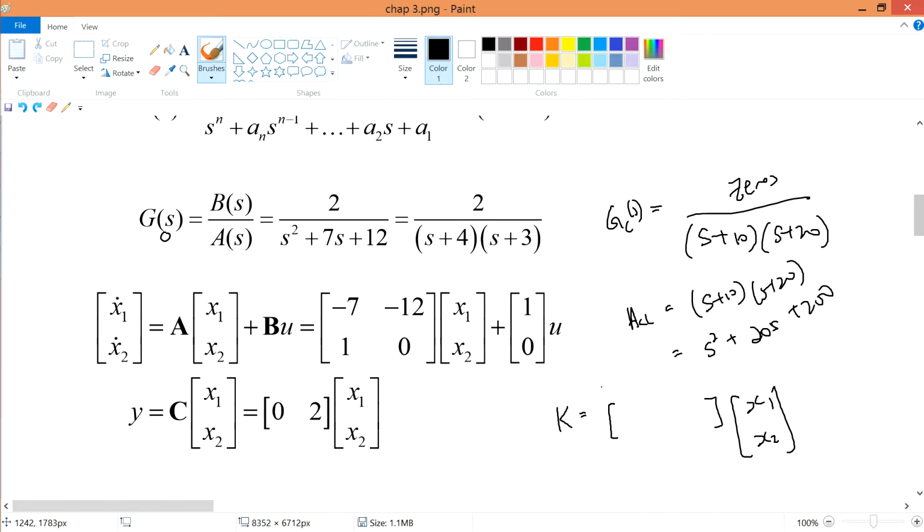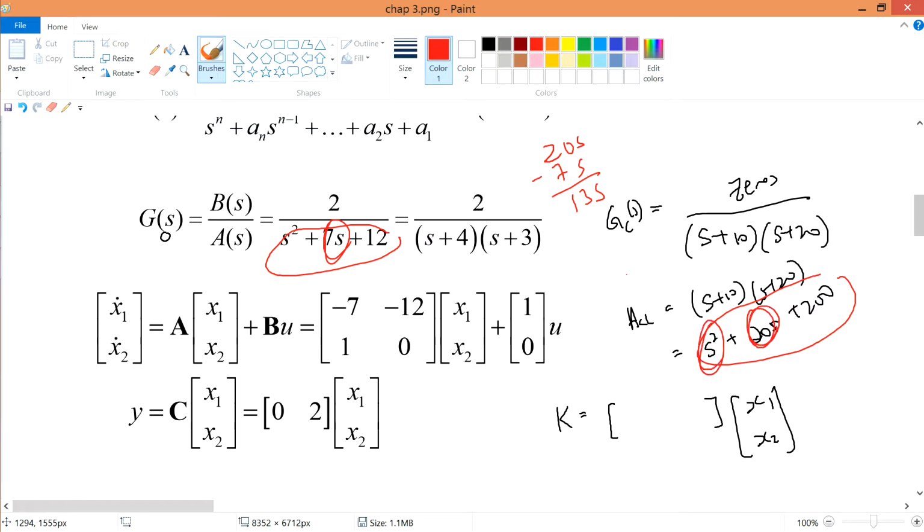The focus here is only to determine the value of the matrix K. In order to do that, s squared plus 20s plus 200 is our objective, and we have s squared plus 7s plus 12 as our initial. So what are the differences between this polynomial and that one?